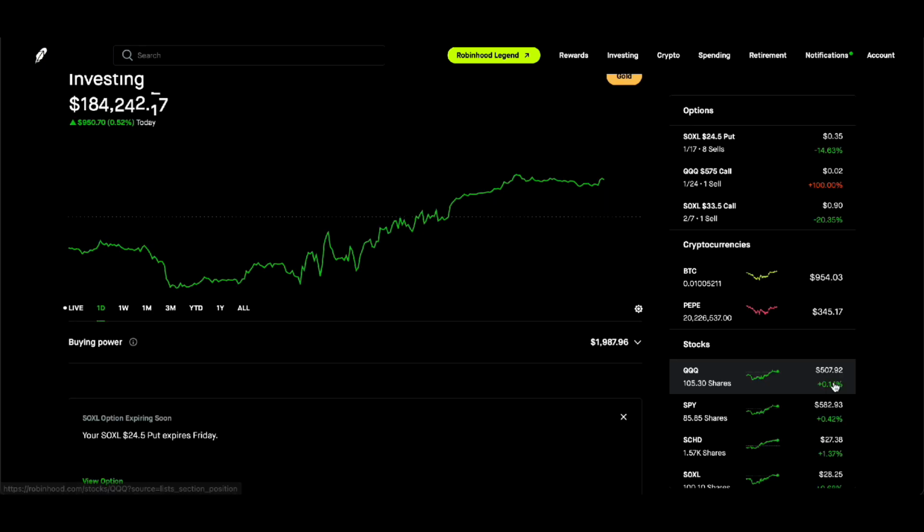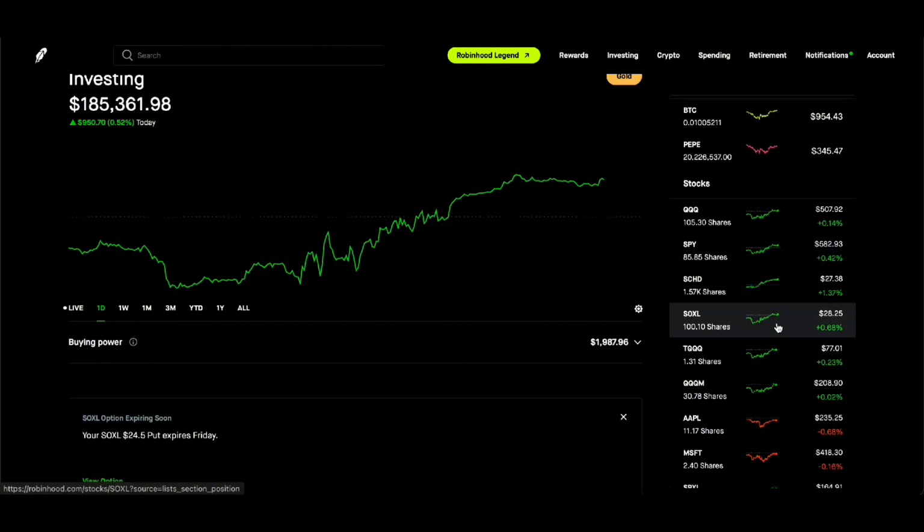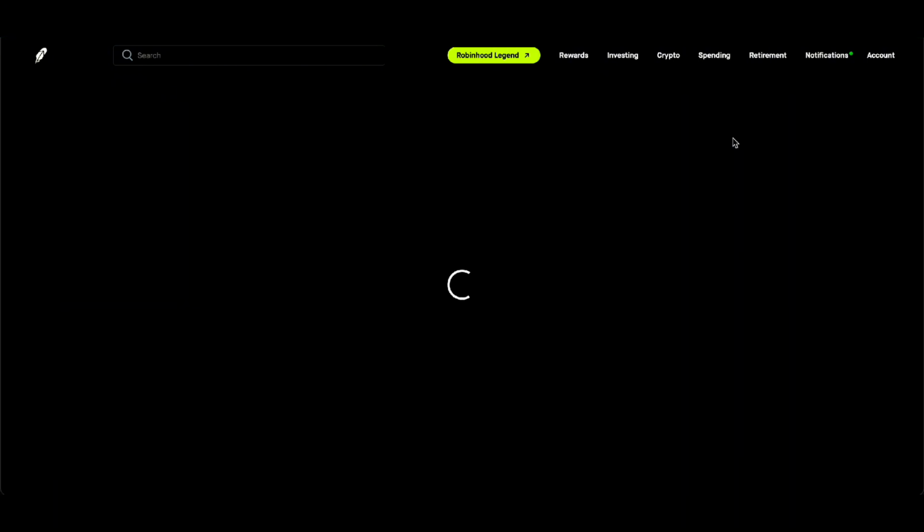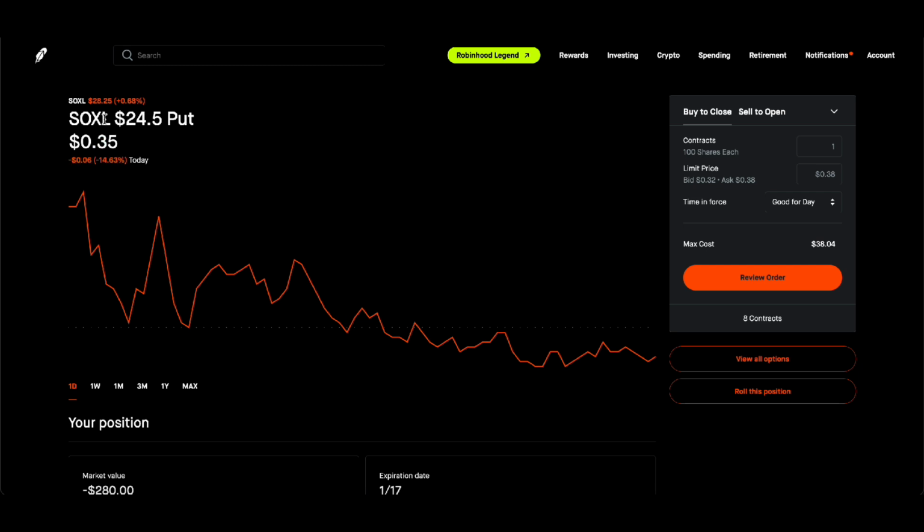But overall, I am targeting all of these three core positions that I have to hold 25% each. Then the rest 25%, I'm selling cash secured puts. If you see here, I'm selling a cash secured put on SOXL at $24.50.